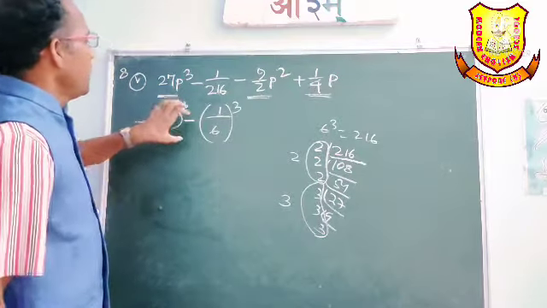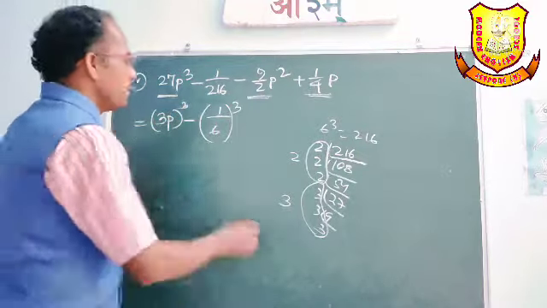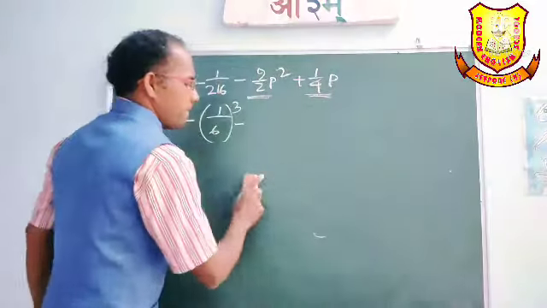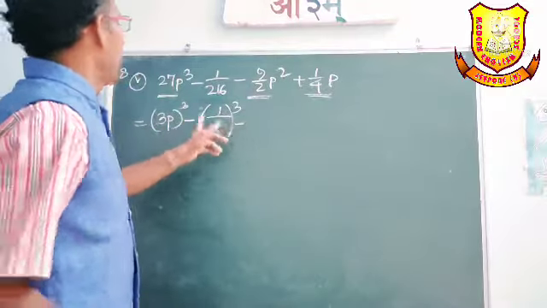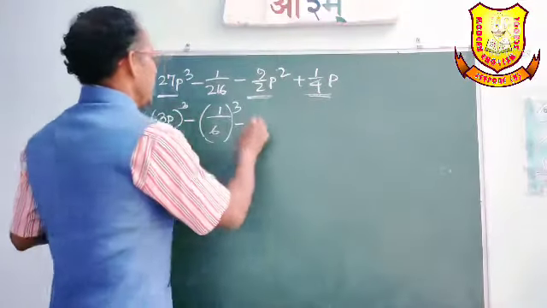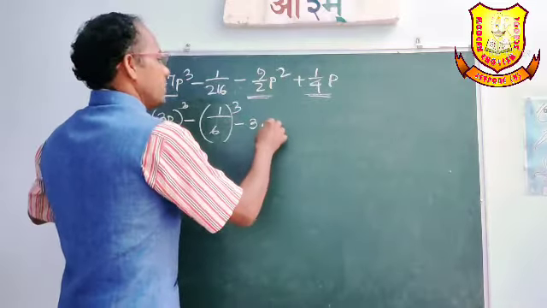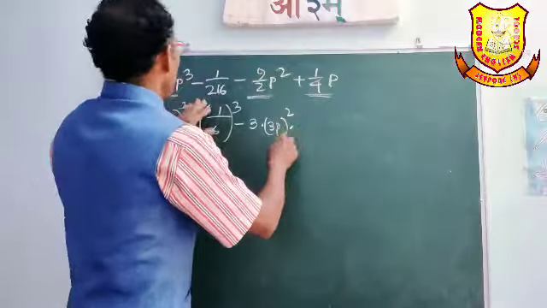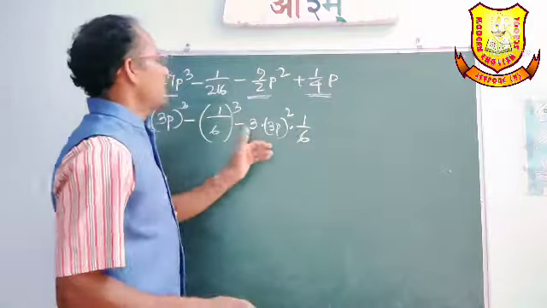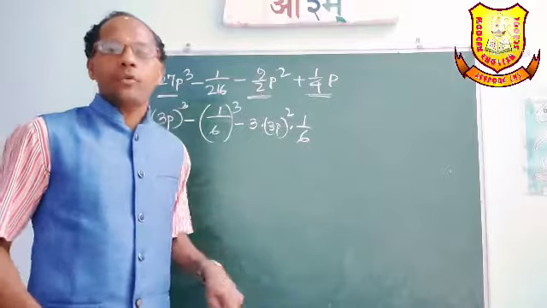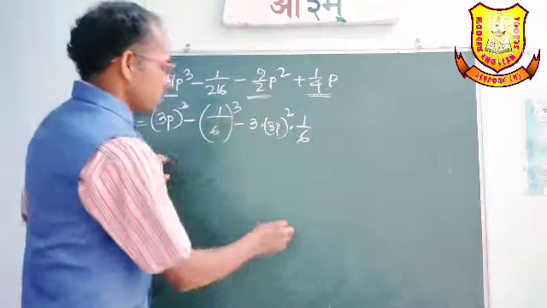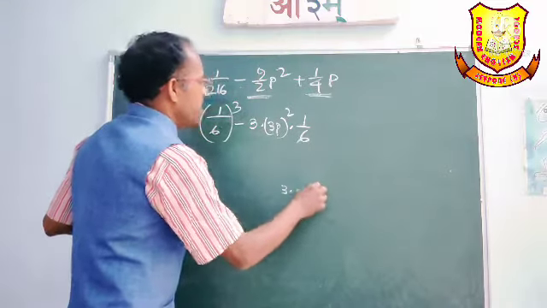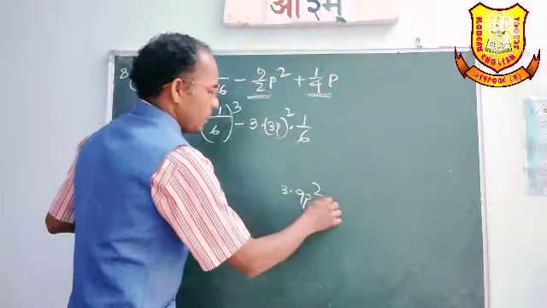So a cube minus b cube minus. Is it happening in the form of 3a square b or not? 3a square equals 3 times 3p whole square, and b is 1 by 6.